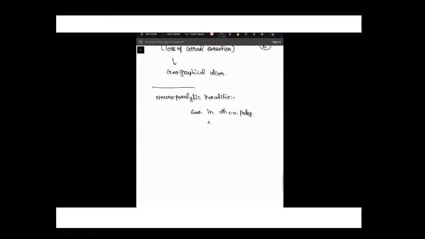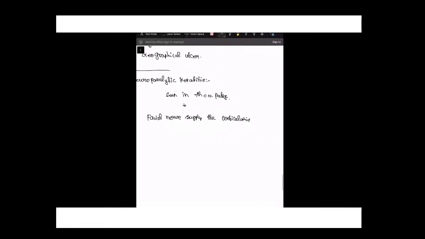Because the seventh cranial nerve, or the facial nerve, supplies the orbicularis, a muscle that is important for closing of the eye.